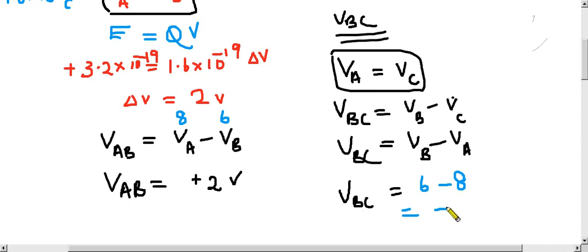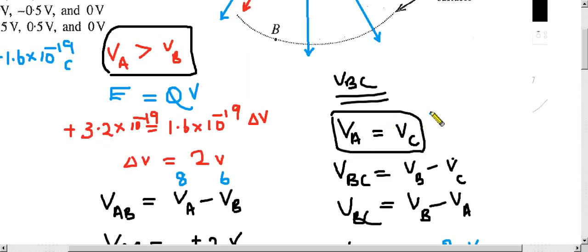Then what we get? Minus 2, because we are subtracting from a lower voltage. The difference is the same, 2, because VA minus VB or VB minus VA, the magnitude is the same. But the sign is minus here, because we are subtracting a higher value from a lower value. Therefore, the sign must be the opposite of the sign we got earlier. So now minus 2 volt.